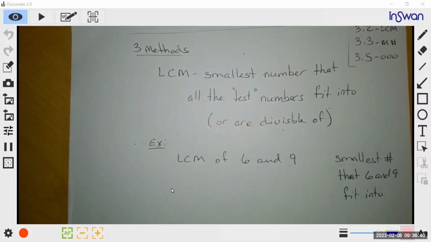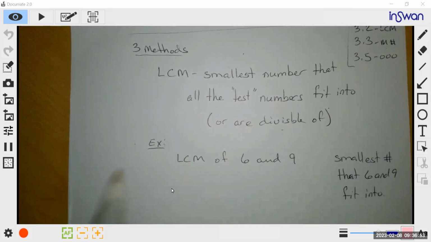But 6 times what is 3? See, that's what I'm saying is these numbers fit into, so it has to be something bigger. So what's that? 9 doesn't fit in 6. 18, yes. Well, so this is the first method we're going to look at.